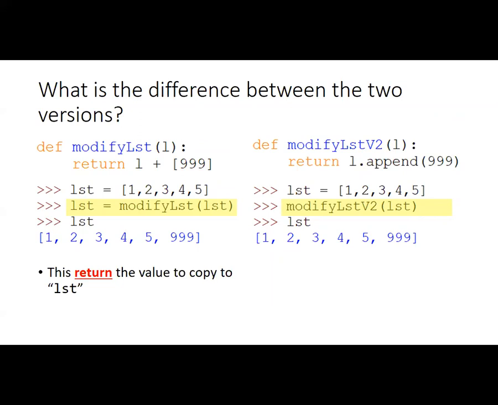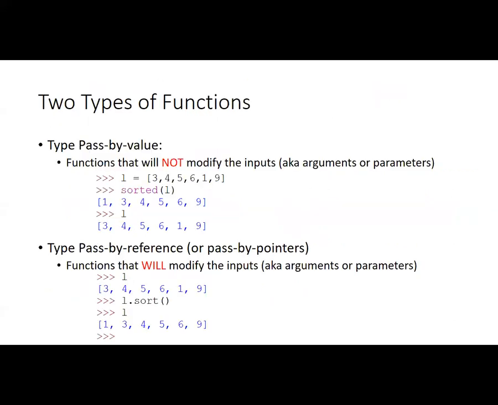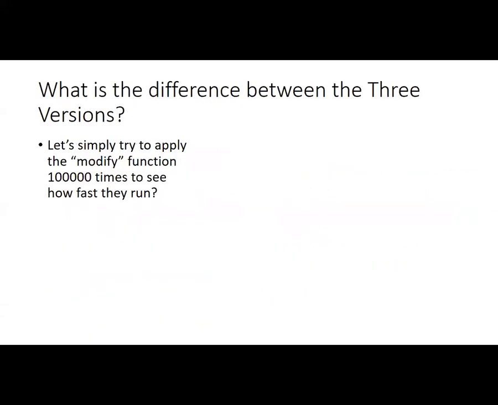But this one, remember, is also copying the square. So this one also actually didn't create a copy, because list is just the pointer. This one modified the original list, okay? And what is the difference between those three versions, okay? And exactly, I hope this answers your application question, okay?